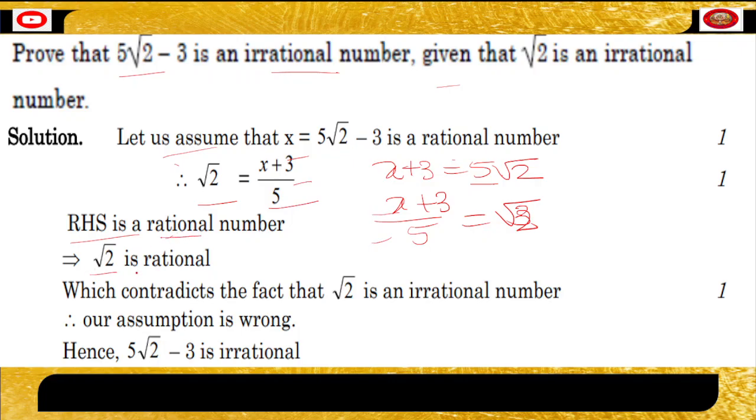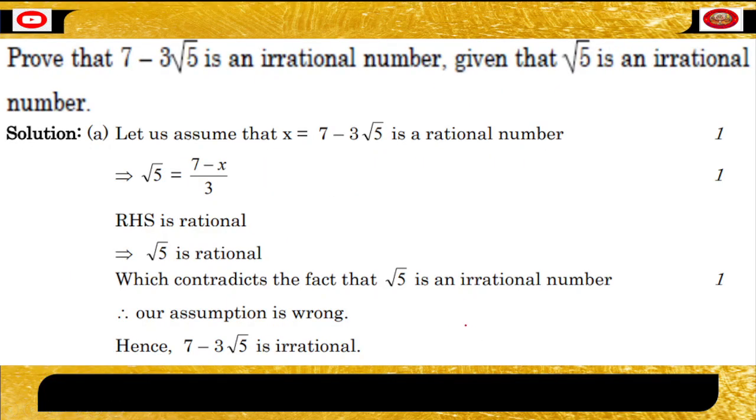It implies root 2 is a rational number, which contradicts the fact that root 2 is an irrational number. Therefore, our assumption is wrong. Hence, 5 root 2 minus 3 is an irrational number. Understand, students? The next question.